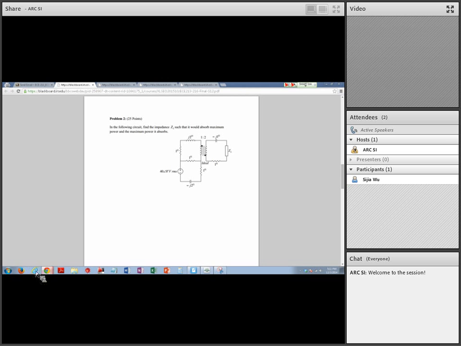V2 is equal to 2 times, so all you have to do is find V1. This current is also going to be 0. I1 is going to be 0. You plug that in here. V1 comes out to be 0.